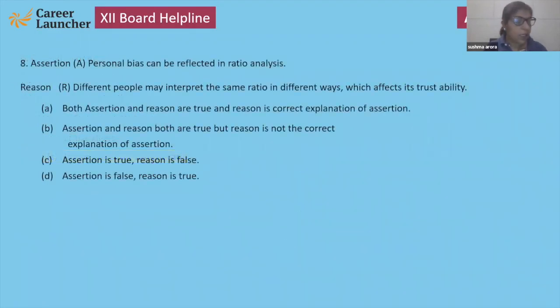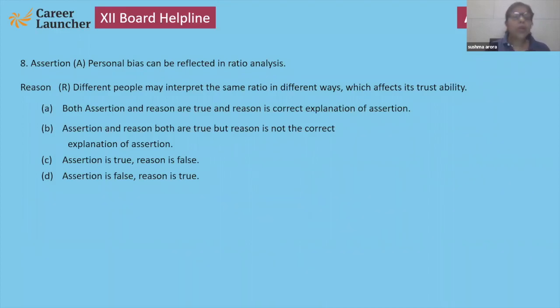Now, please come to the reason assertion questions. Many students are having doubts in reason assertion questions. Assertion: personal bias can be reflected in ratio analysis. Reason: different people may interpret the same ratio in different ways, which affects its trustability.